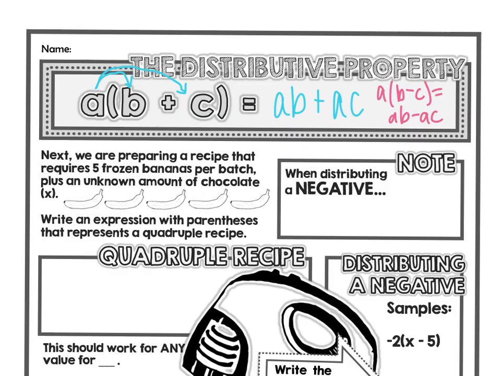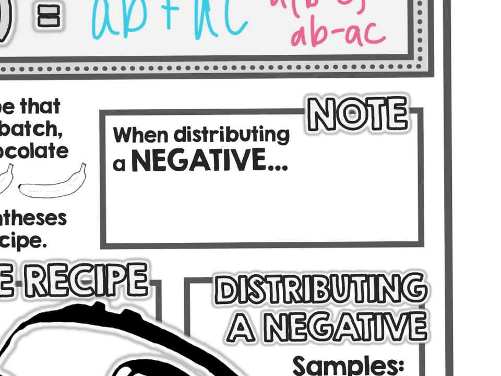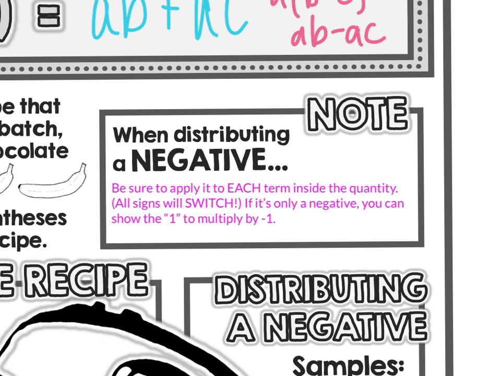Next, we're going to talk about when we distribute a negative. That would apply to each term inside the quantity. All the signs will switch. Another thing to note is that if it is only a negative, then you can show the number 1 because you're really multiplying by -1.